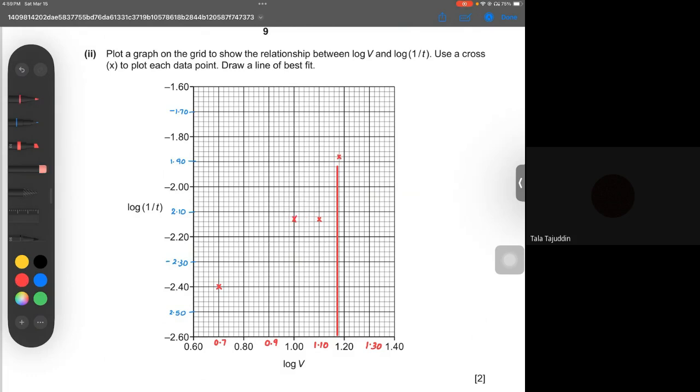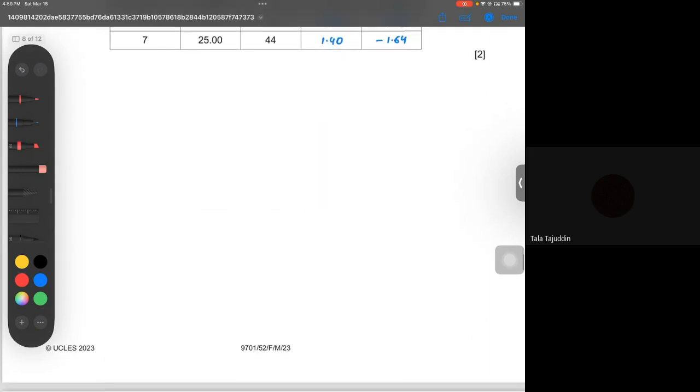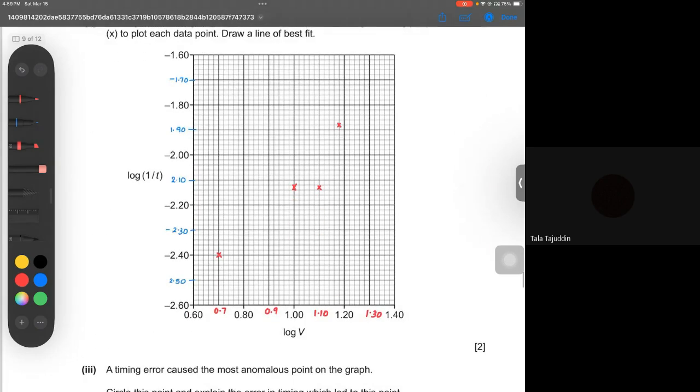Then we have 1.30 and 1.75. This is 1.30, and 1.75 is just like here. Okay.